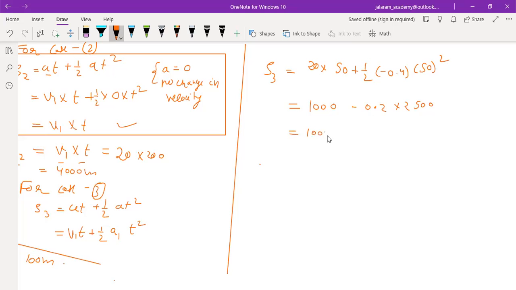So it is 1000 minus 500, that is 500 meter.